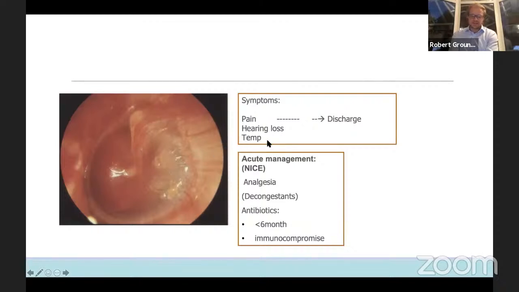And they'll tend to have, as we talked about, the systemic features of temperature, tachycardia, tachypnea, and so forth. Perhaps if we think about it from an evolutionary perspective, as that pressure builds up within the middle ear, there's a tendency for the tympanic membrane eventually to rupture, release all of that pus, and you get frank purulent discharge coming out of that ear, dripping down people's heads. You sometimes see it.